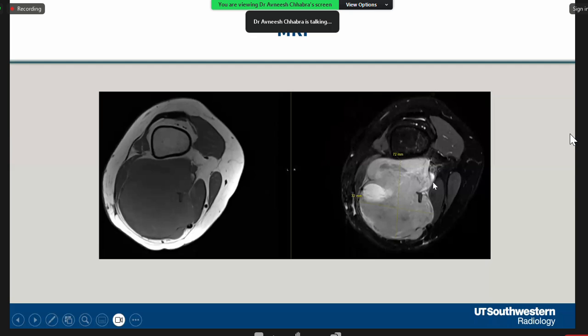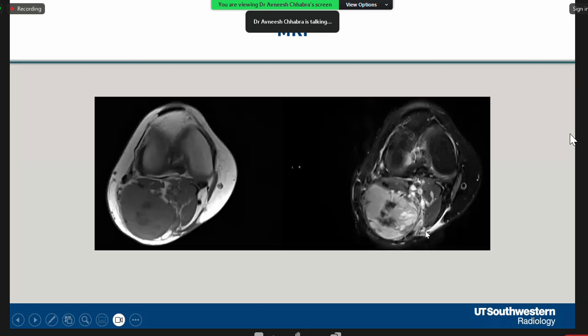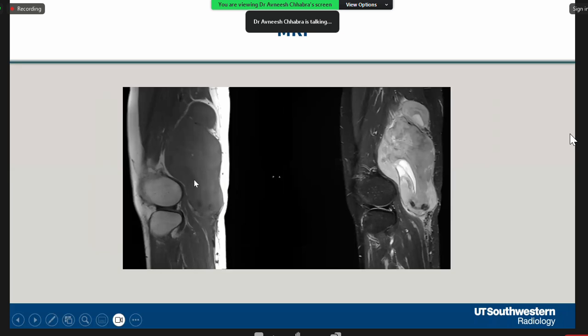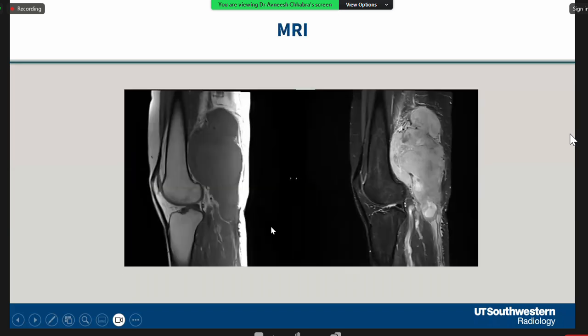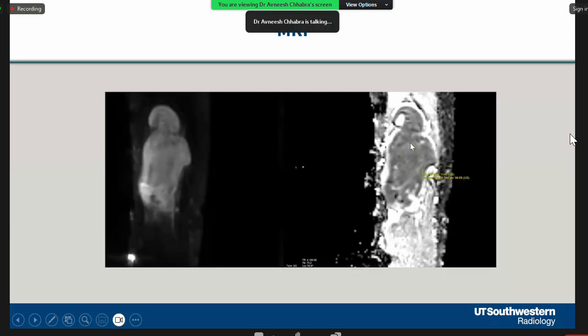Small amount of peritumoral edema. If you have a large amount of edema, that's usually benign, but a small amount is usually bad. So here you can see some edema, heterogeneous, very large tumor. So this should be a synovial sarcoma. It's near the joint. It's a heterogeneous lesion. It's very dark on ADC, which synovial sarcomas are.